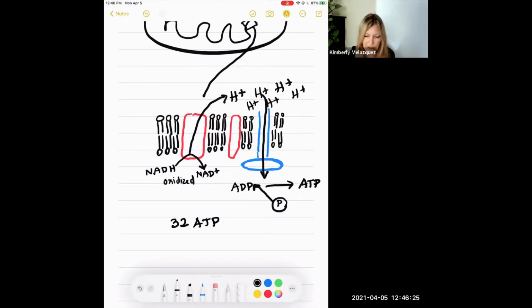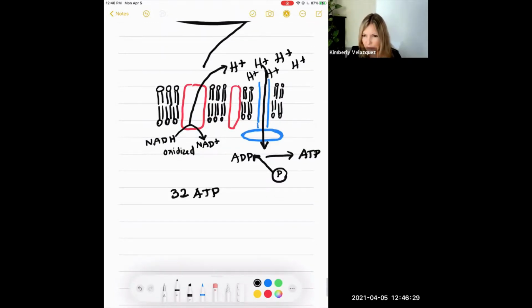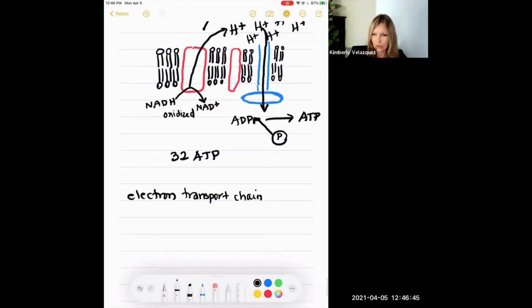Important terms here. The protein complexes stripping away those hydrogens and pumping them out into that space are called the electron transport chain. And when the hydrogens come back across and generate the ATP by phosphorylating ADP with the energy of them coming back across, it's like water behind a dam coming through a hydroelectric plant and generating electricity.